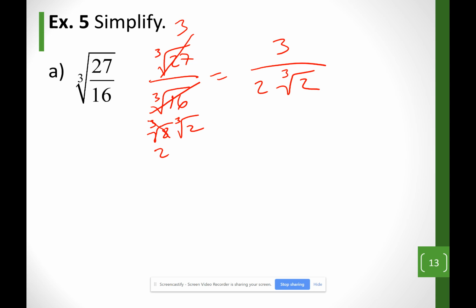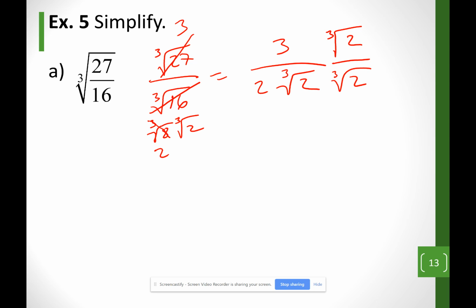Now I need to get rid of the radical from the bottom. For starters, people can come and say, well, let me multiply top and bottom by the cube root of 2. However, at the bottom, I will have the cube root of 4. That doesn't do it. All right.